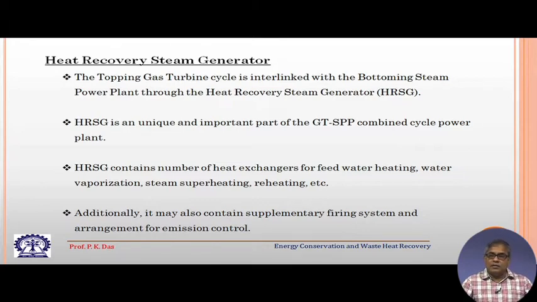Then in some big HRSG there will be provision for reheating steam also. So, those kinds of heat exchangers, and each of these heat exchangers is unique. Many such heat exchangers will be there.